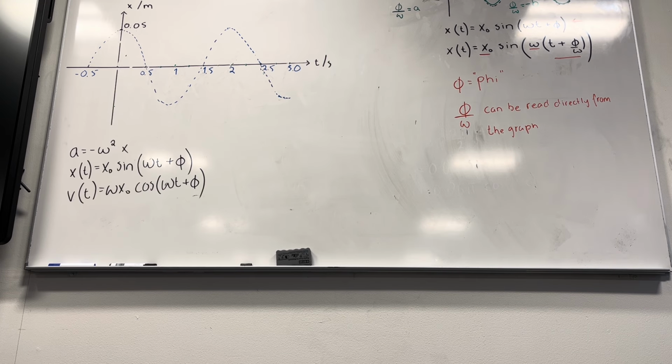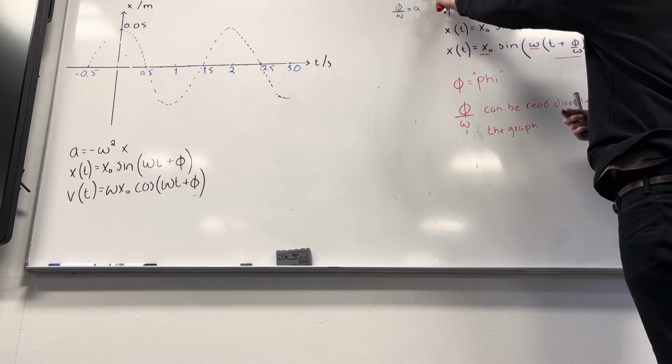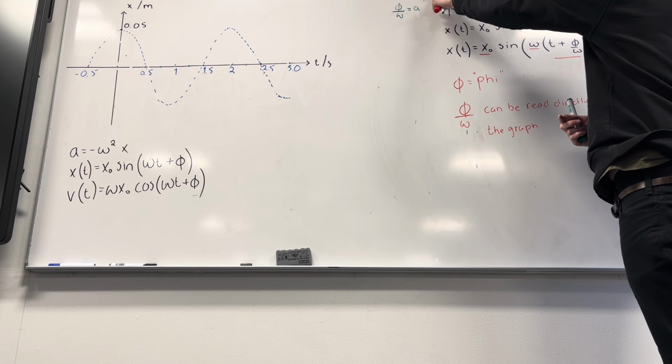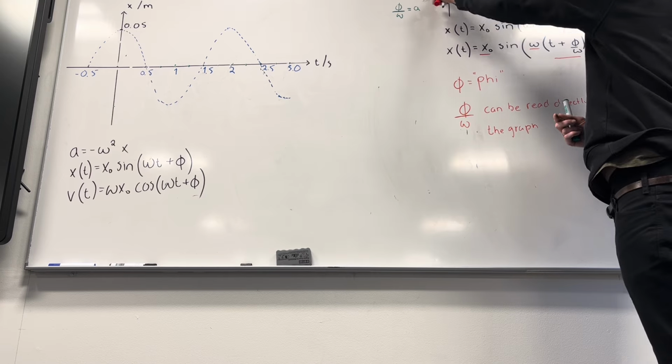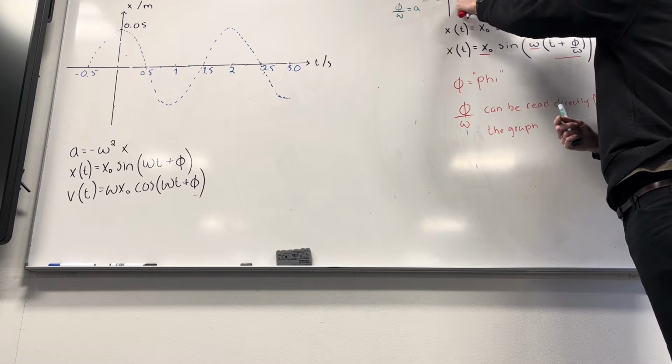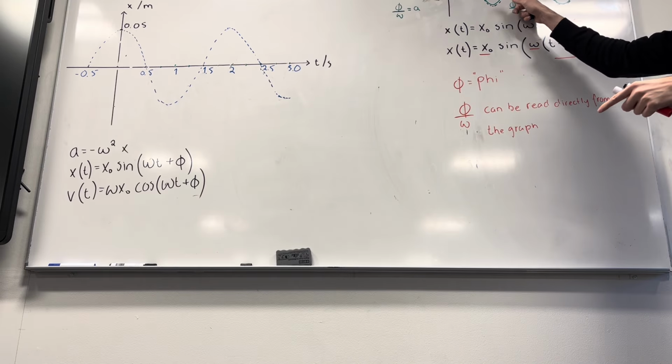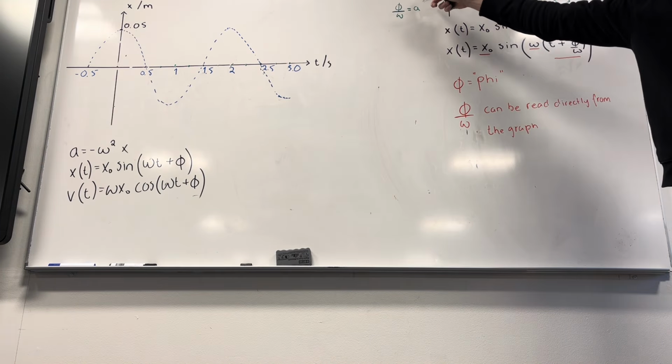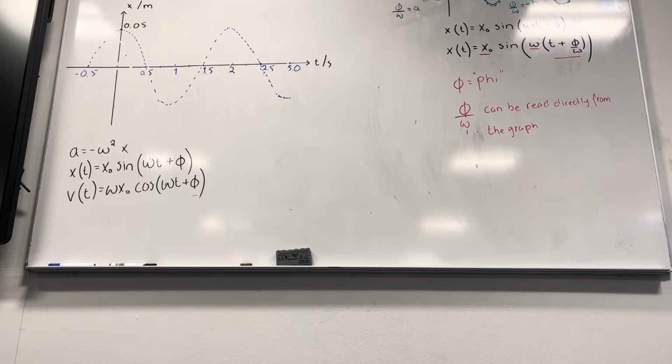So basically, the difference is from here. If I want to make this a perfect sine function, I need to shift it in this direction. If I want to make this a perfect sine function, I have to move it in this direction. It's the direction I have to move the graph to make it into a perfect sine function.